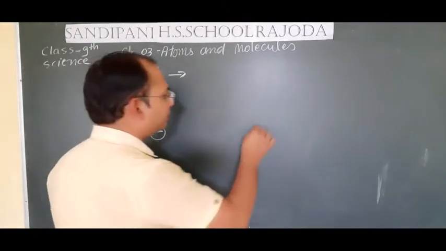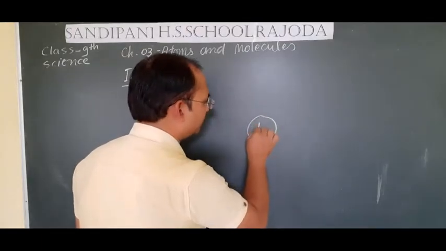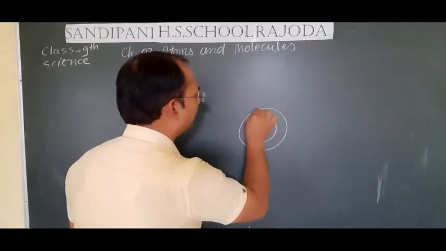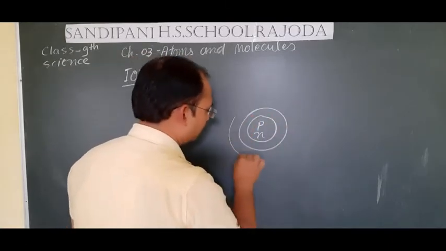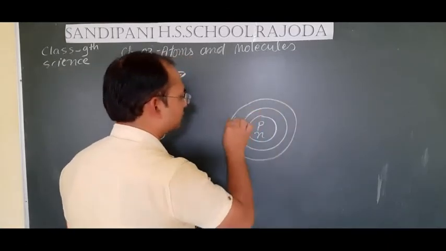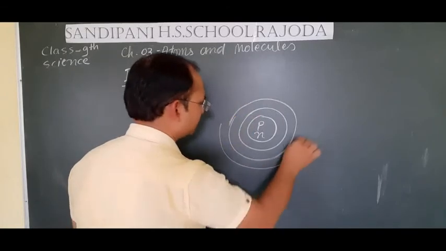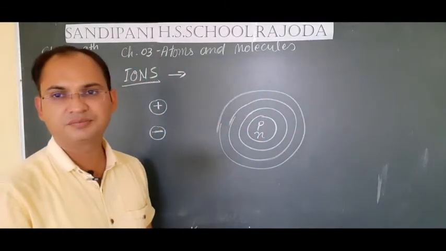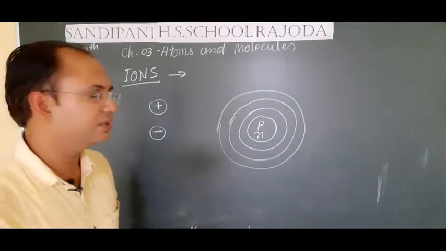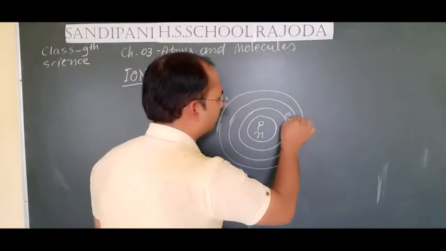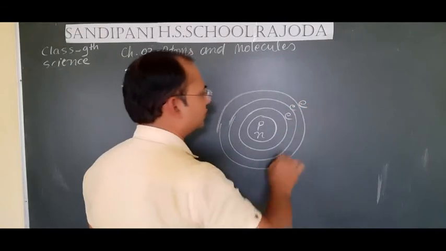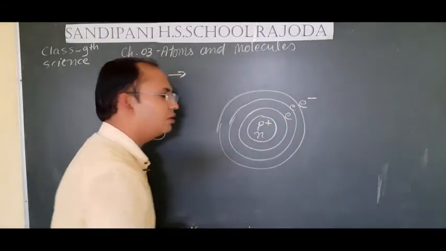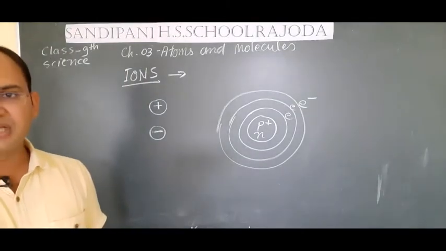In the beginning of the video, we have seen that in the center of the atom of an element is the nucleus, and in the nucleus the protons and neutrons are present, and outside the nucleus in the orbits electrons are present. Electrons are negatively charged and protons are positively charged.